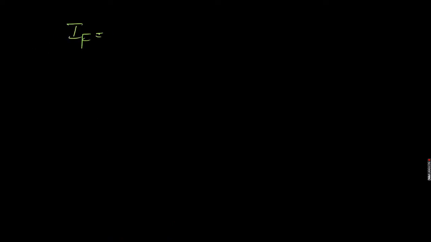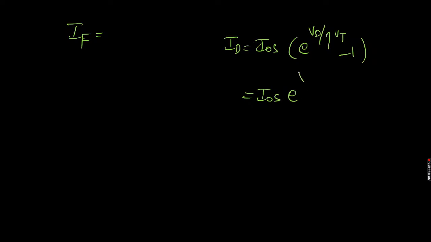How do we calculate the forward bias current? We saw a current equation for the diode: ID equals IOS into e power VD upon eta times VT, minus 1. If you extend this, it can be written as IOS into e power VD upon eta times VT, minus IOS. So the first term is called the forward current and the second is the reverse current.